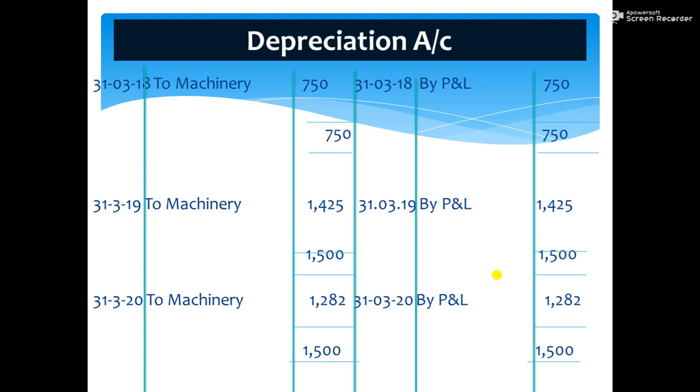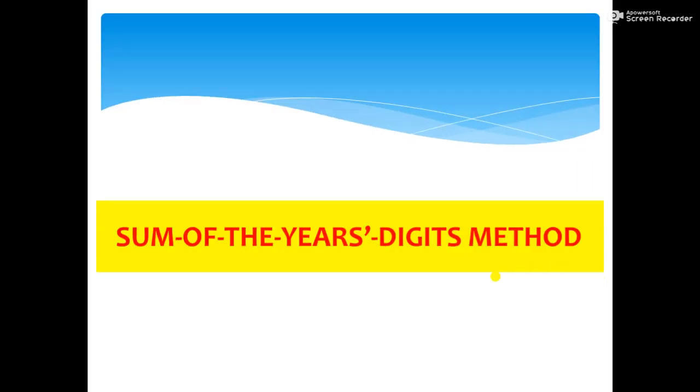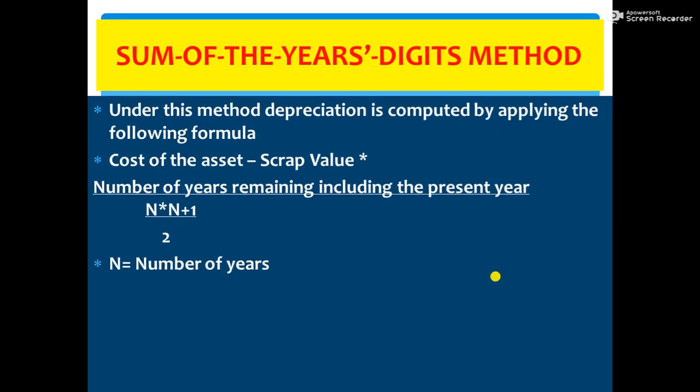You will see the third method, sum of the years of digits method. Under this method, the depreciation is computed by applying the following formula: cost of the asset minus scrap value into number of years remaining including the present year divided by n into n plus 1 divided by 2.